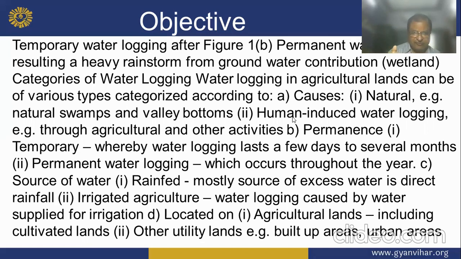So categories of waterlogging in agricultural land can be of various types categorized according to cause: natural swamps and valley bottoms, and human-induced waterlogging, that is, through agriculture and other activities.